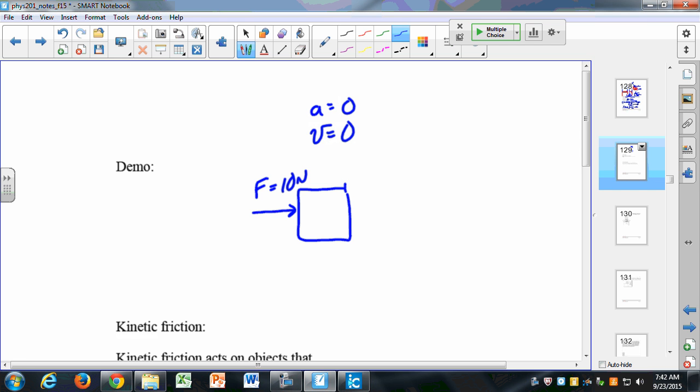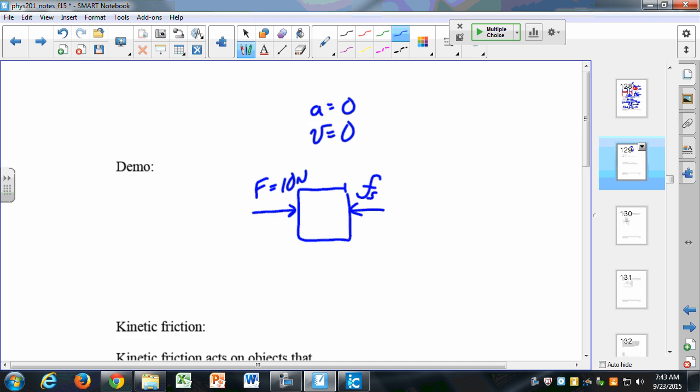If there was no friction in this case, the block would move in this direction with an acceleration given by Newton's second law. So I know that there is friction. What is the direction of the frictional force? Is it to the left or to the right? To the left, right, because this force is pushing in this direction, so the frictional force has to be in the opposite direction. So my frictional force looks like that.